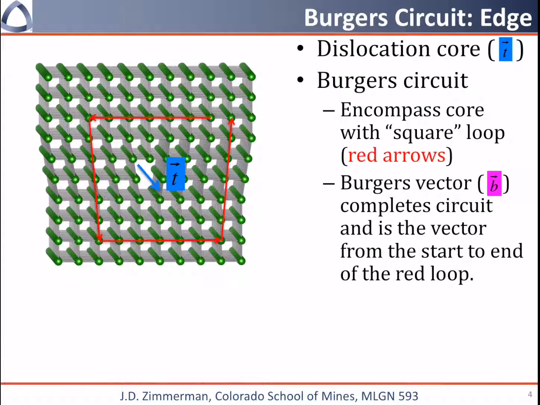So the Burgers vector is the vector that goes from the start of the red arrows to the end of the red arrows. And so we would draw that here, as I've done in pink. This is the Burgers vector. For an edge dislocation, as shown here, the Burgers vector is perpendicular to the dislocation core.